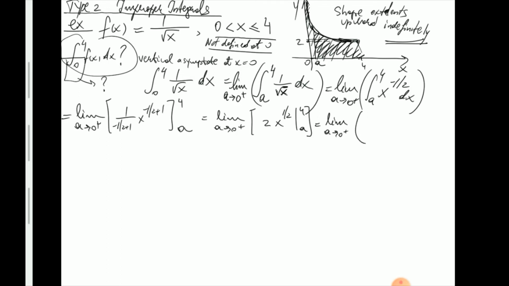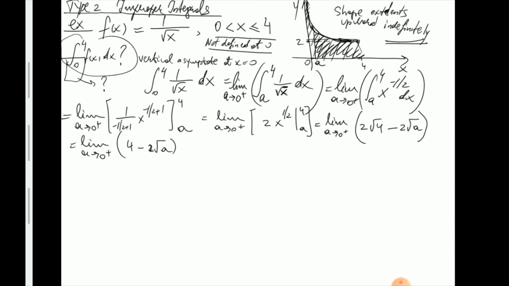Again, if you don't want to carry the limit with you, you could do this at the end after you're done with the integral. So now let's plug in 4. 2 square root of 4, we can go back to the radical, minus 2 square root of a. And then 2 times 2, that's 4 minus 2 square root of a.